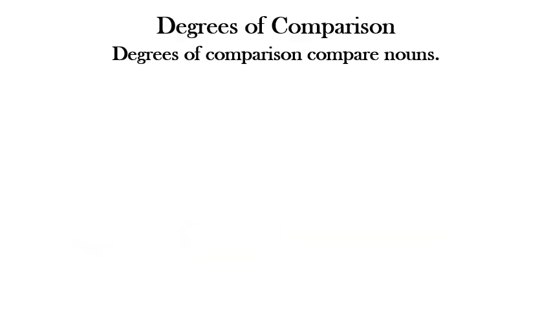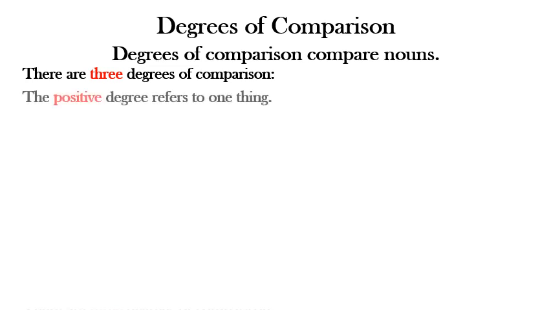Now, degrees of comparison, it will not surprise you to hear, are things that compare nouns, and they are in 3 stages. Okay, 3 degrees. You've got the positive degree, which refers to only a single thing.